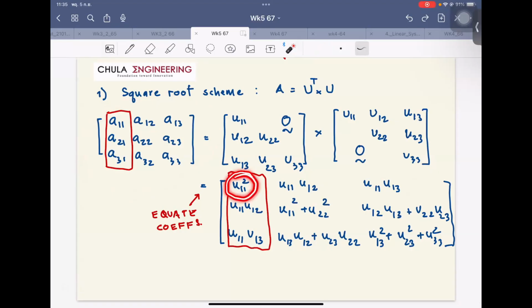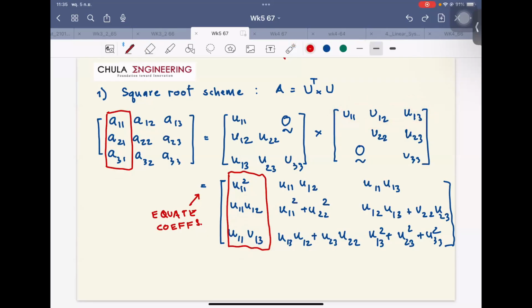So from this, U11 is the square root of A11. Now you see the square root; the formula will include the square root. Here A21 equals U11 U12, and with U11 known, you can get U12. For A31 equal to U11 U13, U11 is known, and then you will get U13. So you will get the first row of U.